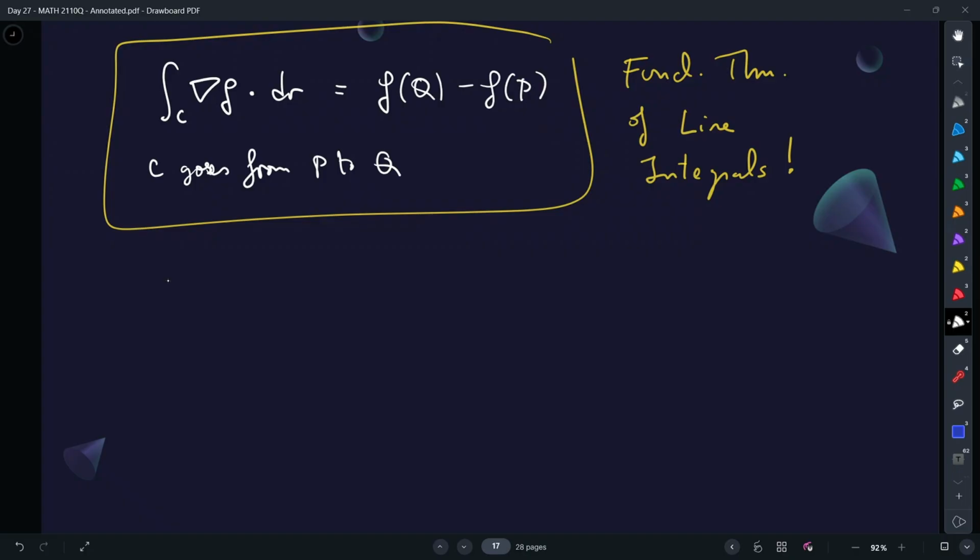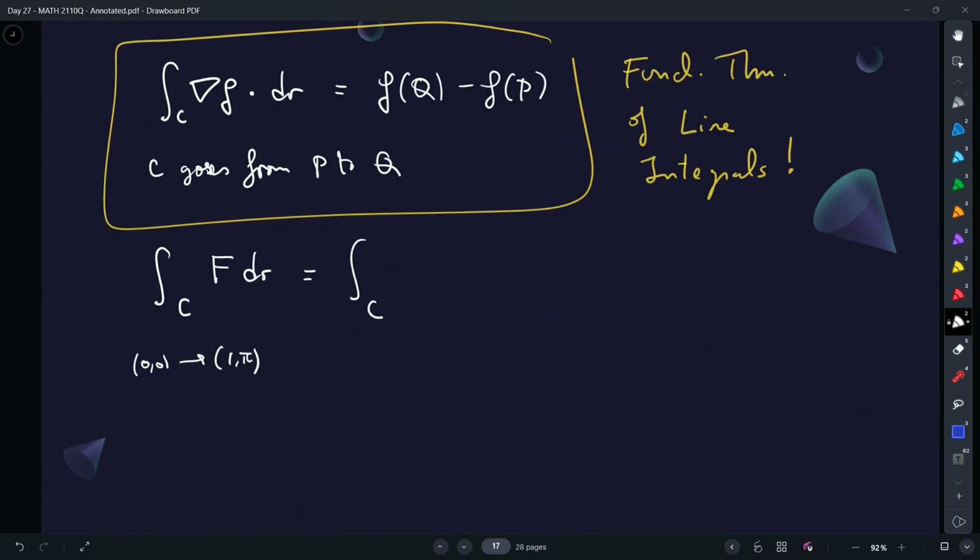So now we are trying to do an integral over a path of F dot dr, and the path went from 0, 0 to 1, pi. So it's a line, okay?